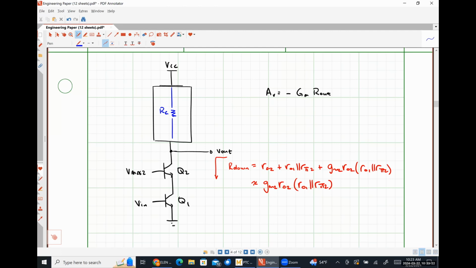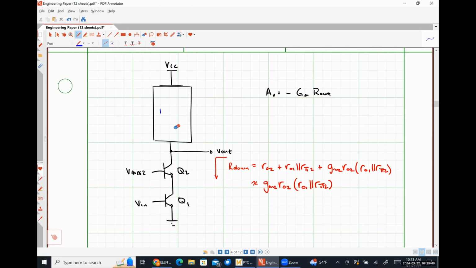So putting just a resistor there is terrible. Putting a single transistor there, like a single transistor current source, is better than putting just a resistor, but it's still pretty bad. Realistically, we need to put a cascoded something there in order to maintain the very high voltage gain of this circuit, right?